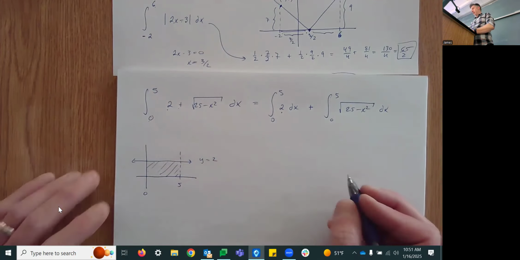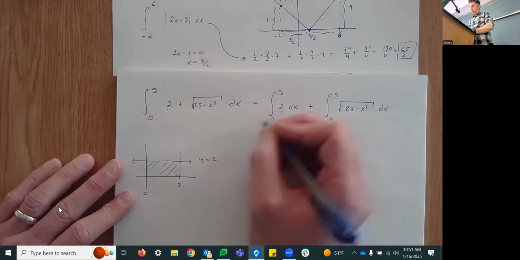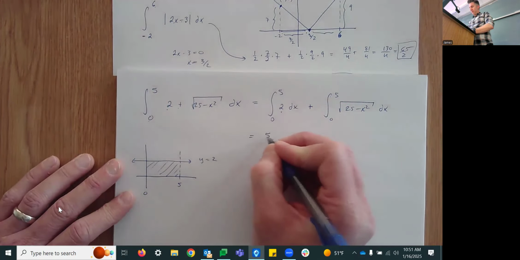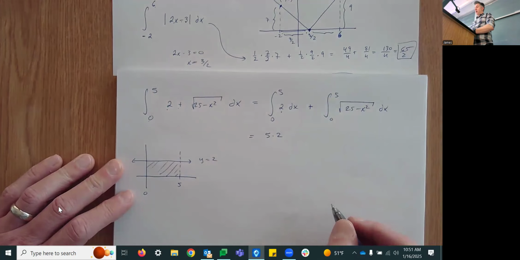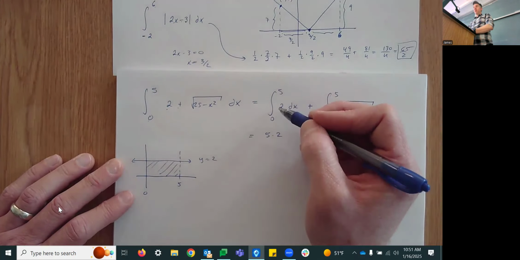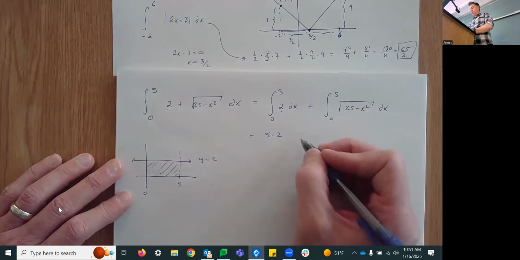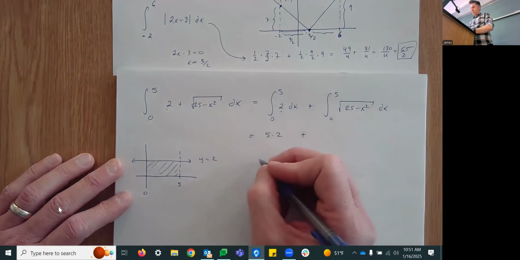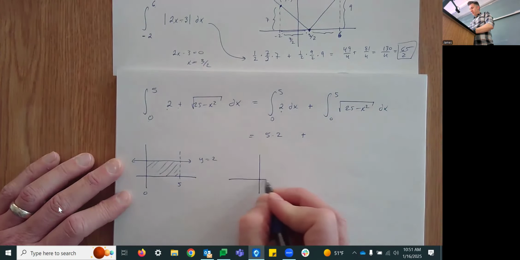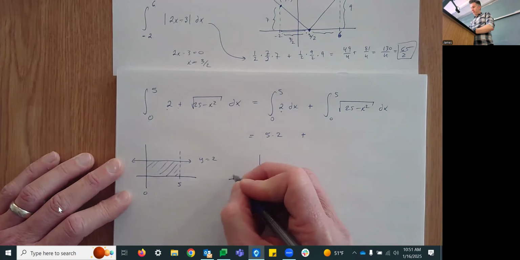More generally, this part's going to be 5 times 2, or as I would say, the length of the interval times the height of the rectangle, or the constant value of that function, plus that shape there is a portion of a circle of radius 5.